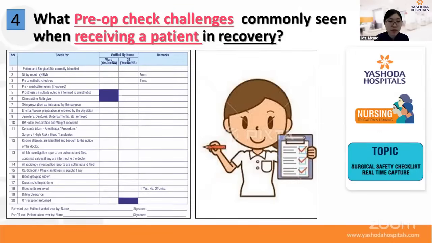Or sometimes we, as human beings, make mistakes. Sometimes we forget to maintain the medication history, the allergies of the patient, and whatever medicines the patient is taking. Or sometimes the patient is having surgery today and the patient is not NBM. All these things we are facing day to day, while receiving the patient from pre-op to recovery or anywhere.